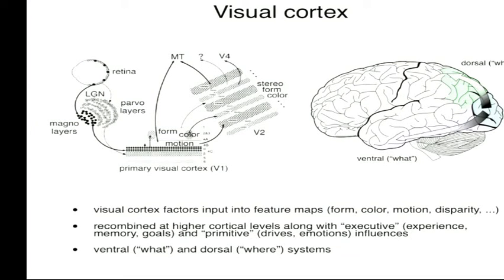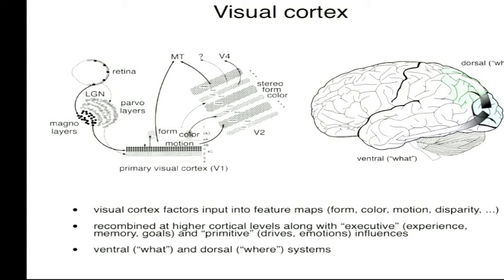And then those things get broken down into form and color and motion, and disparity. And then those things get related to one another and get built back up into what you see, right? And so the take-home message from that is that our perception is highly processed, right? It's really a construction that comes after a lot of breakdown into elements and put back together again.